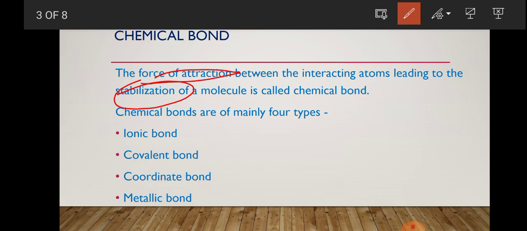Chemical bonds are of mainly four types: ionic bond, covalent bond, coordinate bond, and metallic bond. Today, I am going to discuss ionic bond and covalent bond elaborately.